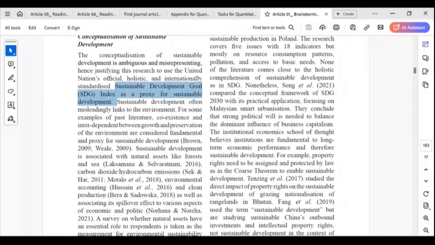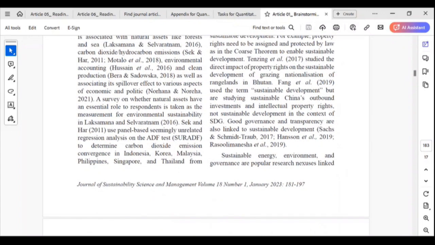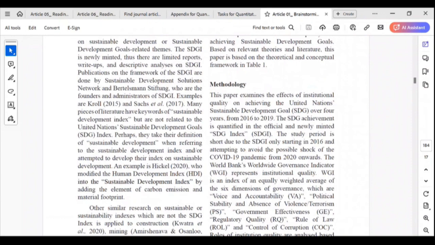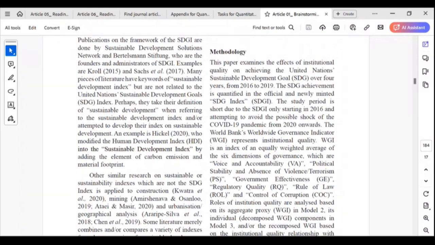In this case, the Sustainable Development Goal Index is the best because it's an official index from the United Nations to specifically measure each country's achievement of the SDGs, which many countries actually want to achieve. So it's like storytelling, right?